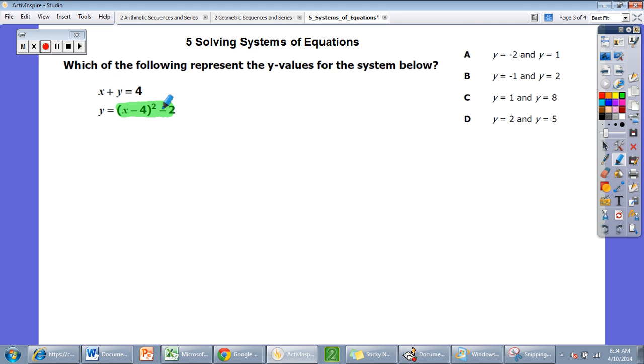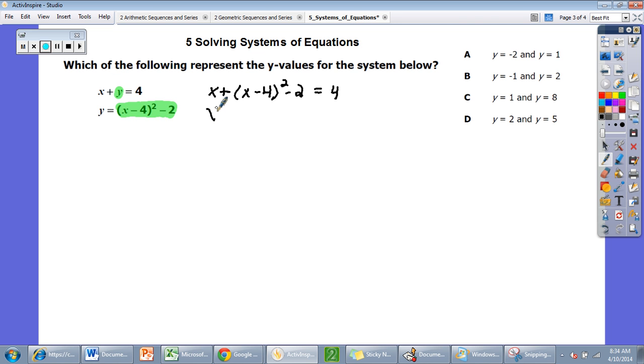This is what y is equal to. And I'm going to plug it into this equation right there for y. So I'm going to write x plus, substituting that in, (x minus 4) squared minus 2 equals 4. Okay, so I'm going to solve this equation for x. I know the question asked me to solve for y, and I'm going to eventually get there.